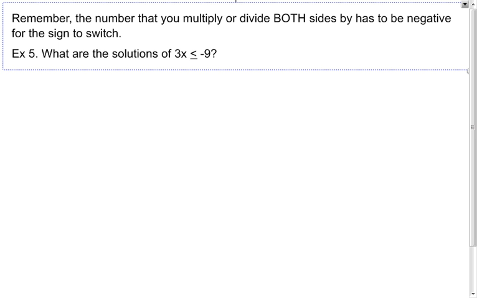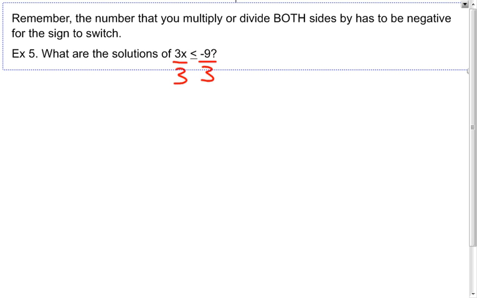In this last problem that I have here, 3x is less than or equal to negative 9. Okay? X is my variable. It's being multiplied by 3, so I need to divide by 3. Now, I have a negative 9 in this problem, but what did I actually do to both sides?